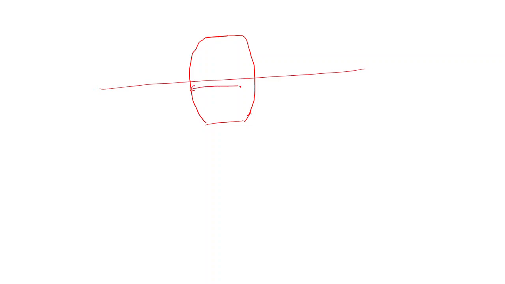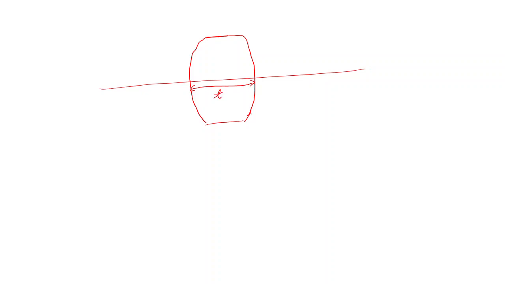So here we have a thick lens. Recall we did the same thick lens using the rays as well. So we have a thick lens here, and let's call this thickness as thickness T, right?